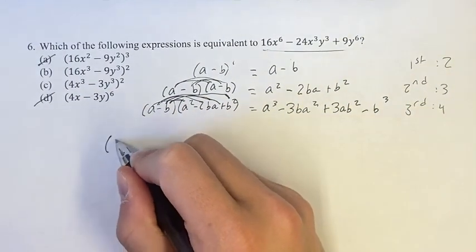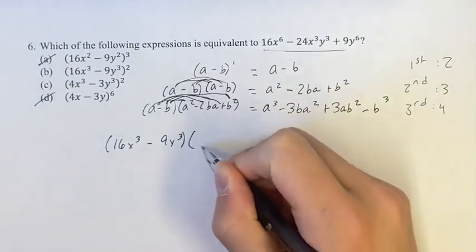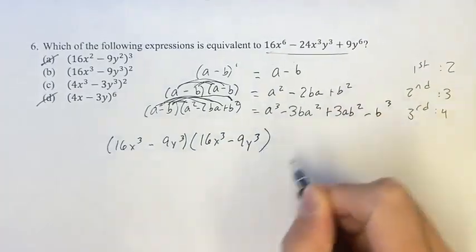So let's test out b. We have 16x cubed minus 9y cubed times 16x cubed minus 9y cubed, since it's just squared. And now we can distribute.